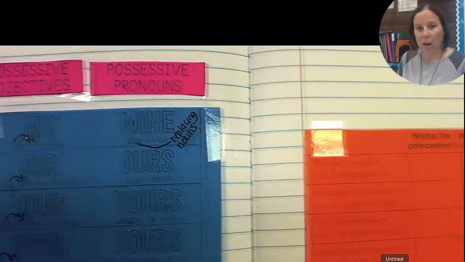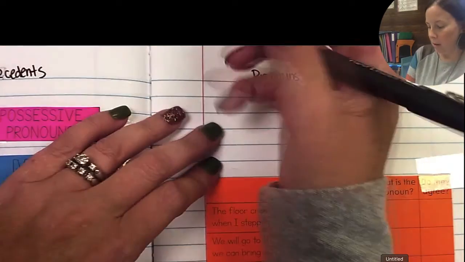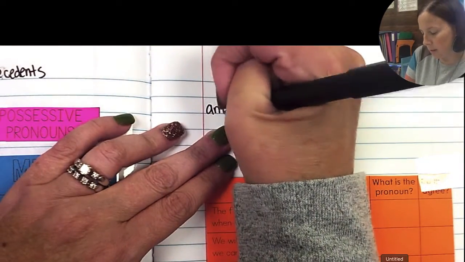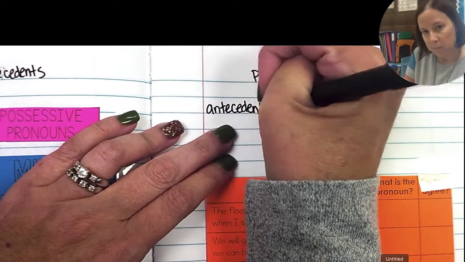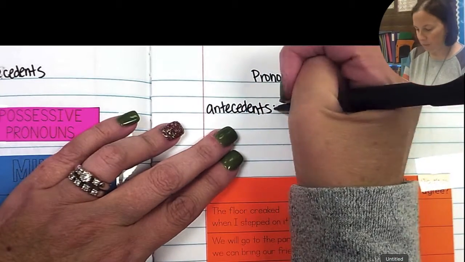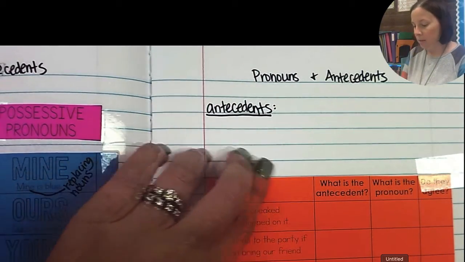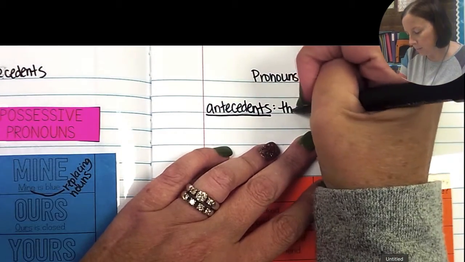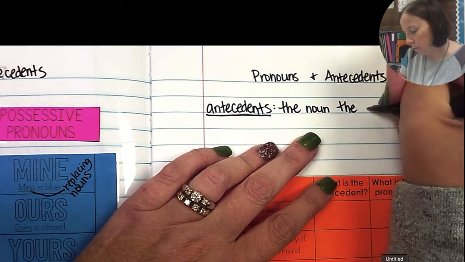Okay, so let's do our last thing. The last thing I need you guys to understand is antecedents. Oh, you don't need an S. So an antecedent. This is the noun the pronoun replaces.